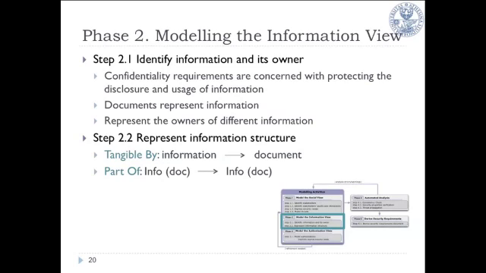We represent that through the tangible by relationship. And also, we use another relationship, part of, to say that a given information piece is part of a bigger information piece, and a given document is part of another document or document bundle.